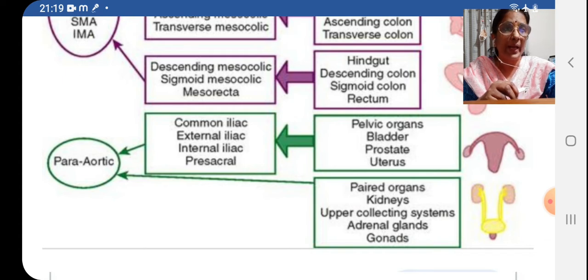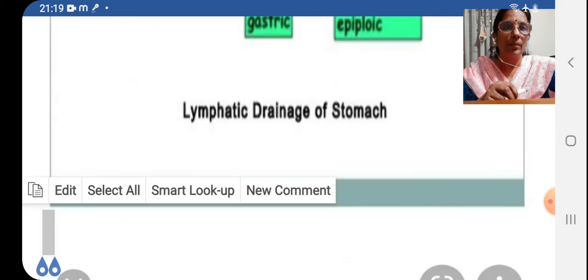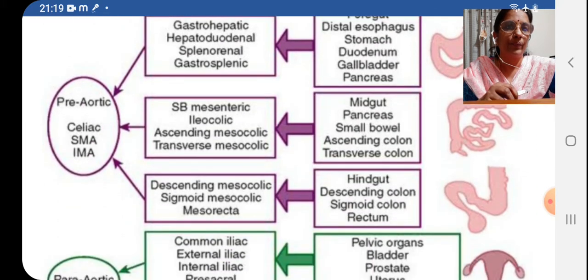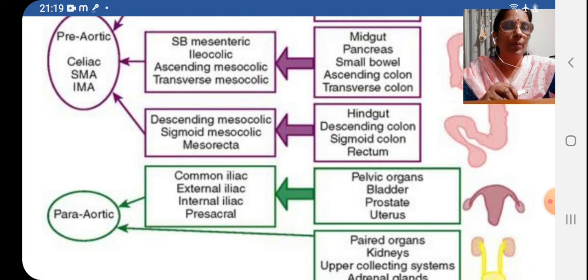From there to the para-aortic nodes. So from the foregut, midgut, and hindgut, it goes to the pre-aortic celiac, superior mesenteric artery, and inferior mesenteric artery nodes around that area.